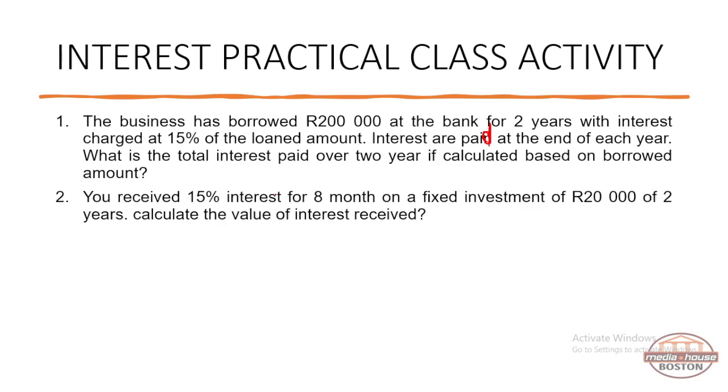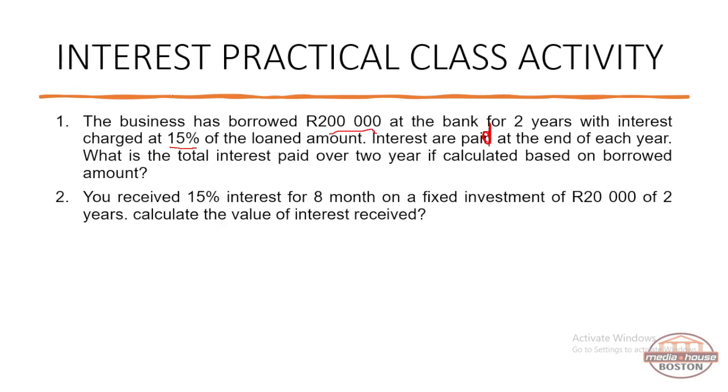This means our interest each year is calculated on the amount we borrowed. We borrowed 200,000 for 2 years, so each year they calculate 15%, and that becomes the interest we pay for that year. The question asks what the interest paid is over the 2 year loan term.